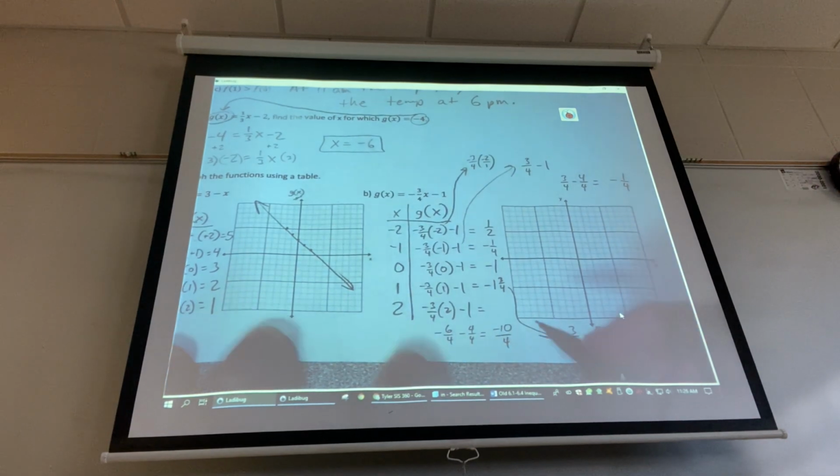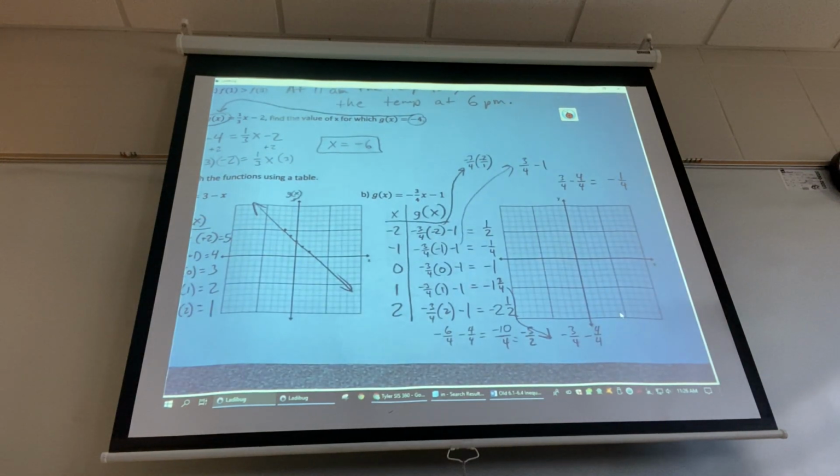But is that simplified? No. It's negative 5/2, which is negative 2.5. Now the reason why I like to rewrite them as a mixed number is, isn't that gonna be easier to graph? Yeah, it's gonna be a little confusing if it's an improper fraction.